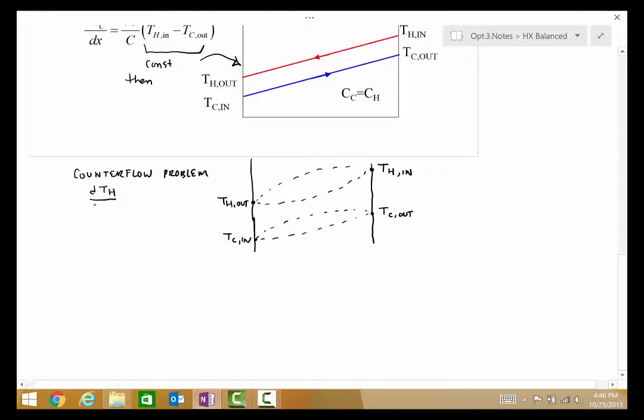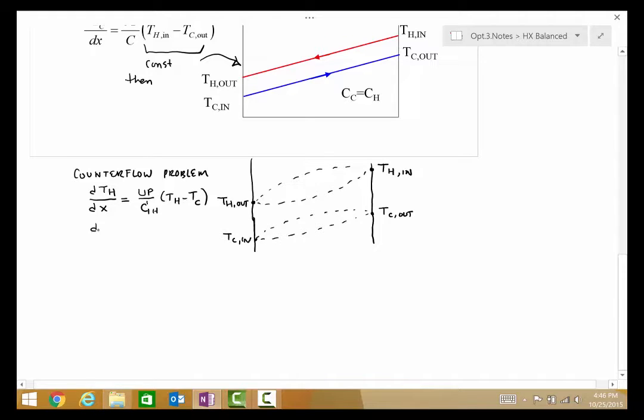First, we understand that dTH/dx is equal to, for sure, a positive temperature gradient. If it's a positive temperature gradient and TH minus TC is a positive number, then dTH/dx is UP over CH times TH minus TC.